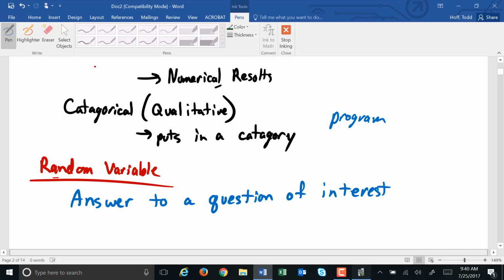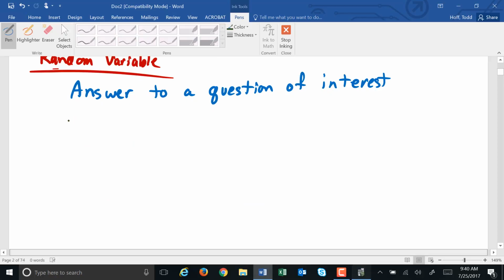That question of interest might be, do you receive financial aid?